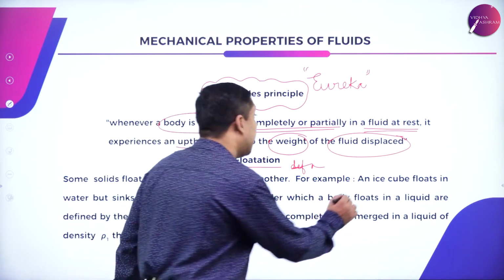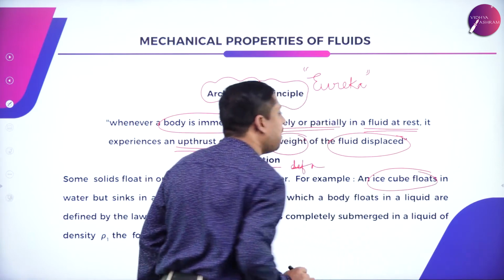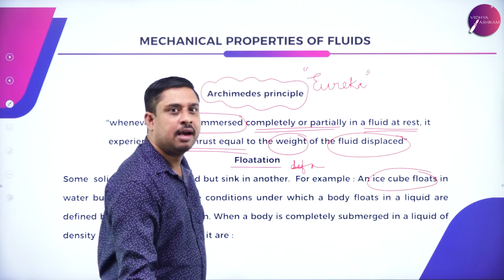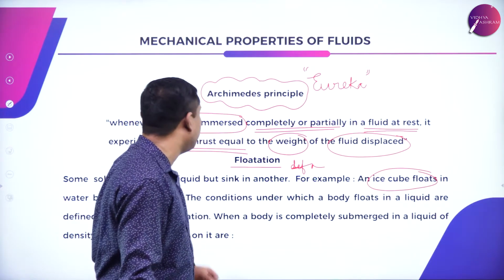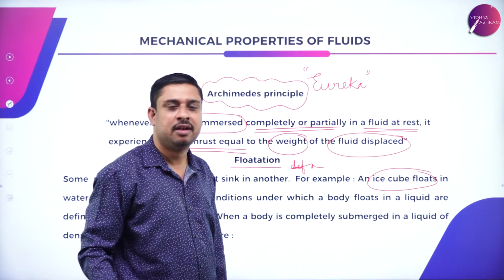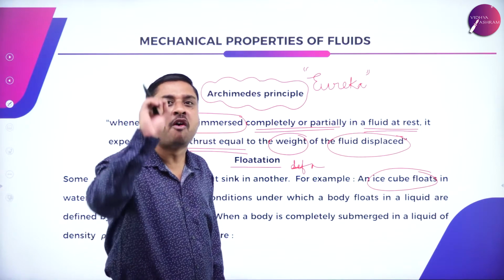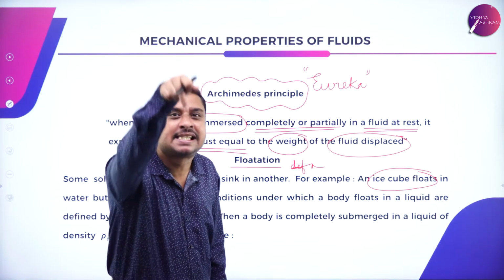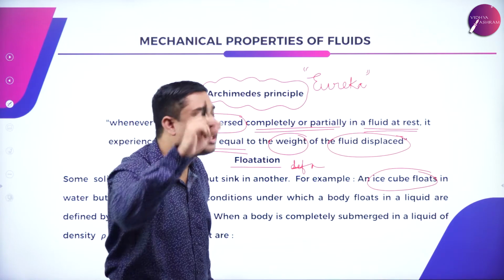For example, an ice cube, a beautiful example. An ice cube floats in water but sinks in alcohol. You drop a cube of ice in alcohol, it sinks, while on water, it floats.